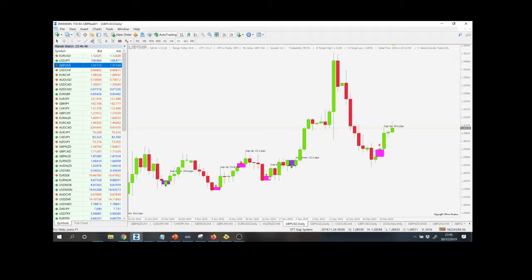And what did we get? Price didn't quite move down on the first candle. Price moved up, so it would have been negative on day one, negative on day two, even though sometime during day two price did move down about 20 pips. So we could have made a decision to get out with those 20 pips.